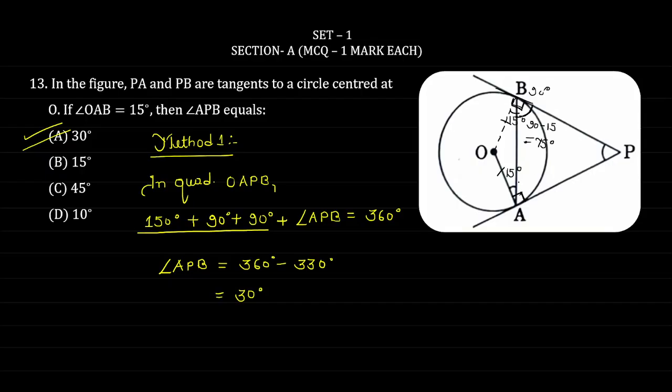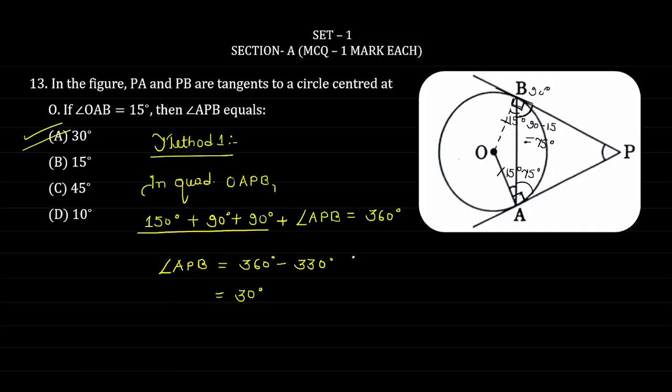If this is 75, then this is also 75 degrees. How is that true? Because PA is equal to PB, that is the second theorem of the circle. So the length of tangents drawn from an external point to a circle is always equal, correct? So by theorem 2 also we can solve this question.